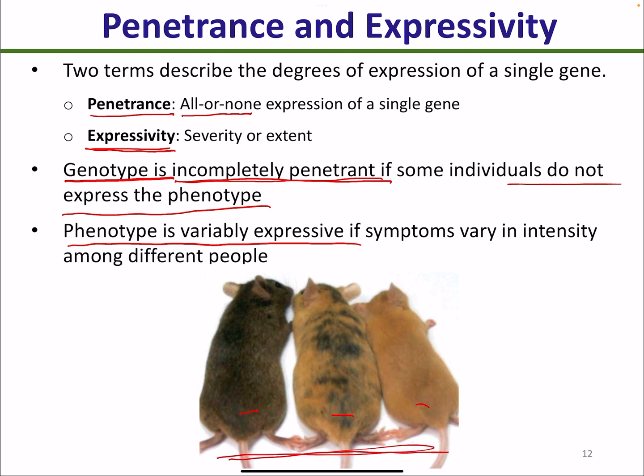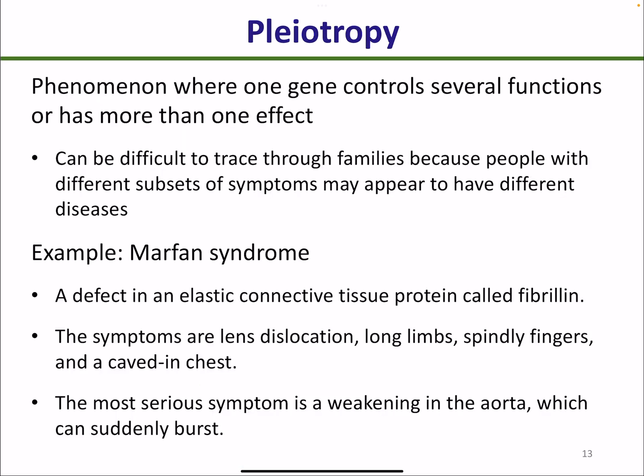This is what we show down here, where these three individuals have the exact same genotype, but their phenotype is different. So you see that when it comes to human genetics, things are not always clear cut.